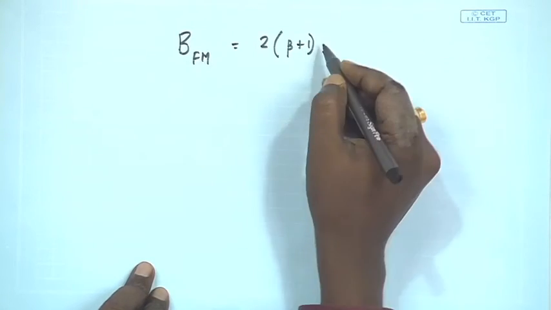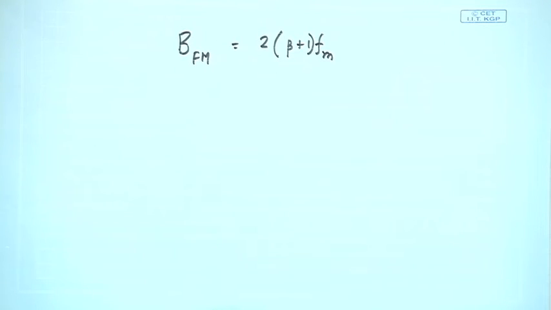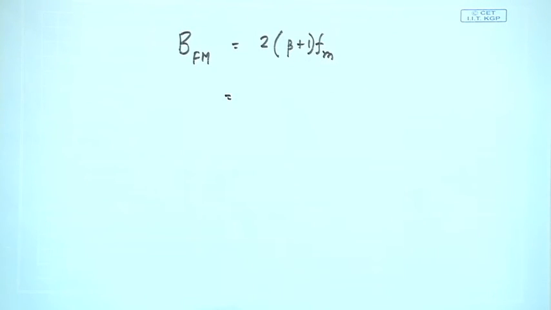So, if I really wish to call this a bandwidth, I need to multiply this with f_m, because that many terms I am taking. That should be this multiplied by f_m, or I can write that as omega_m divided by 2 pi, right.